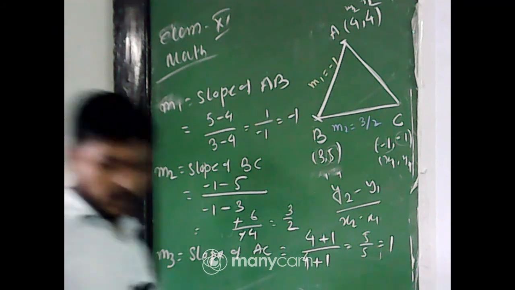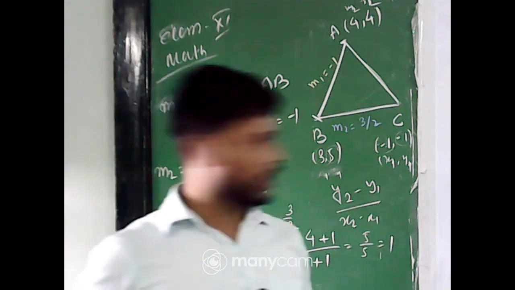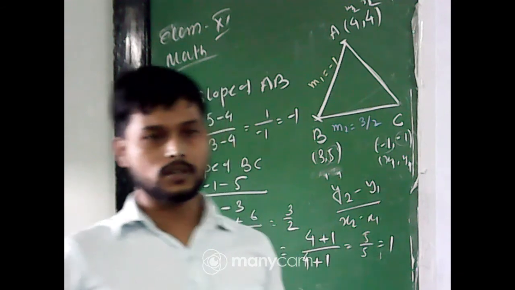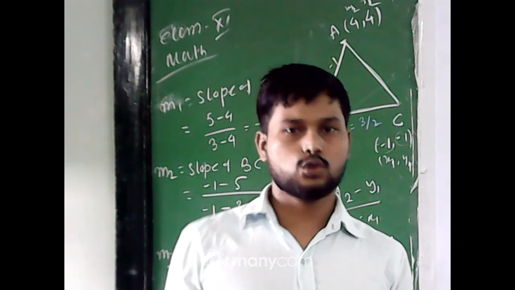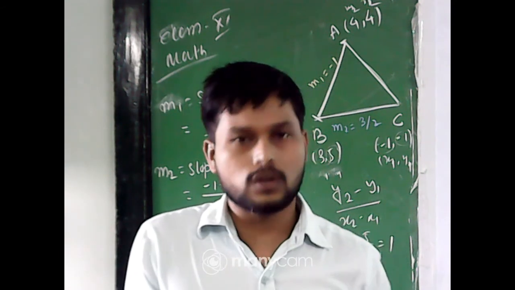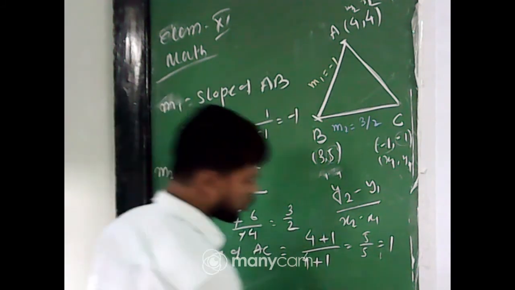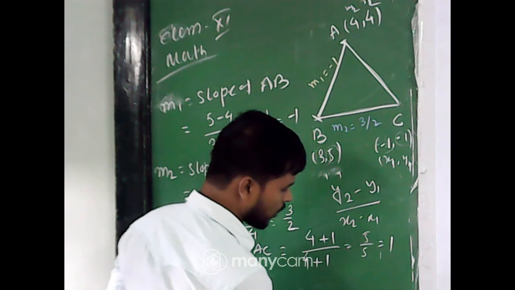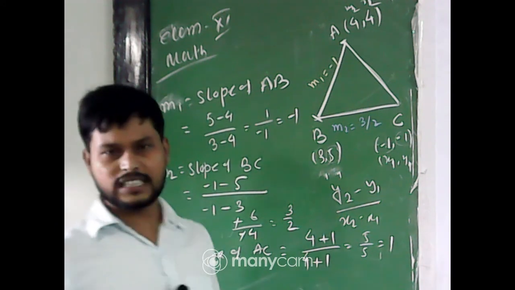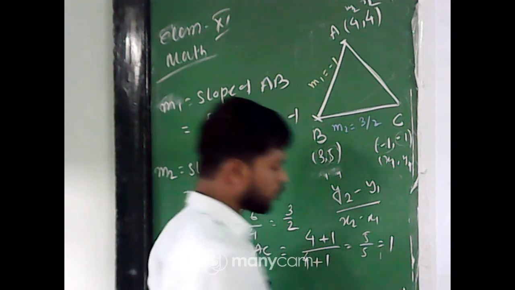Now, do you know the formula for when two straight lines are perpendicular to each other? Two straight lines having slopes m1 and m2 are said to be perpendicular to each other if their product is equal to minus 1.